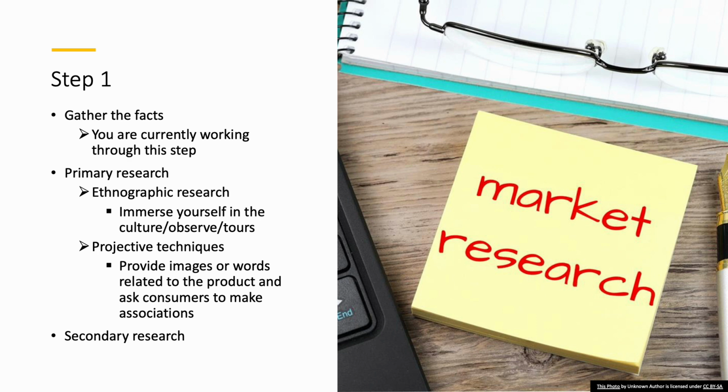You also want to use projective techniques. Now, this shows images or words related to the product and asks consumers what they associate with them. Now, don't forget secondary research, existing data and reports that can confirm your strategy is crucial to this process.